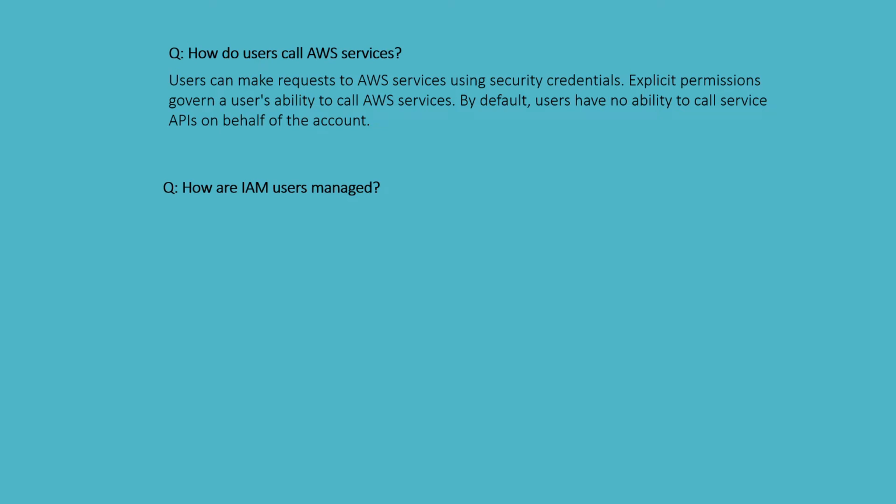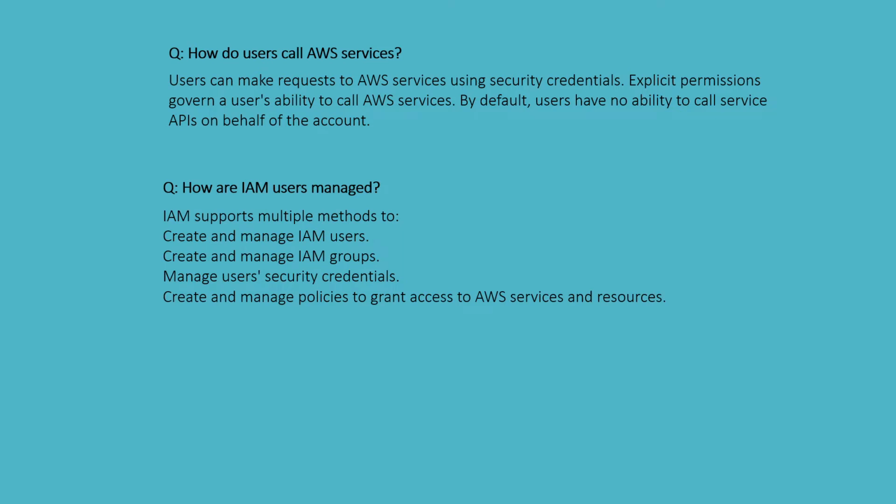How are IAM users managed? IAM supports multiple methods to create and manage IAM users, create and manage IAM groups, manage user security credentials, and create and manage policies to grant access to AWS services and resources.